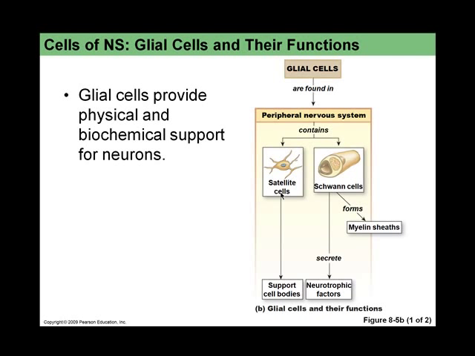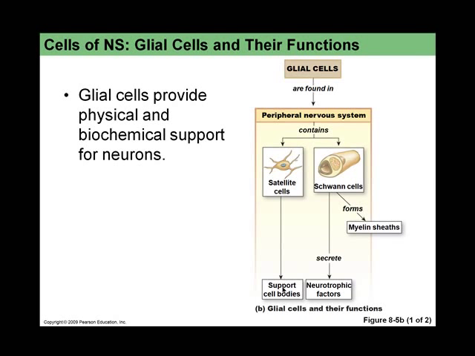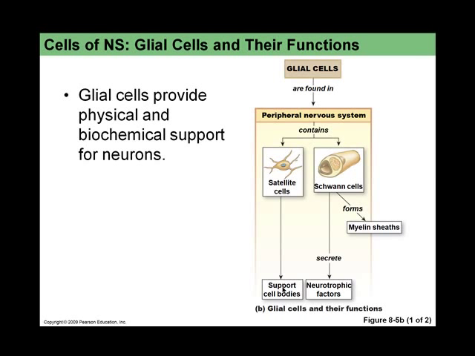And remember that pseudo-unipolar neuron, the cell body hanging off the peripheral and central processes; it has to be surrounded and supported, and it's satellite cells that will surround it out there. So they support the cell bodies in the ganglia. And autonomic ganglia would be the same thing. The postganglionic sympathetic neurons in the sympathetic chain are going to have their soma and dendrites surrounded by the satellite cells.